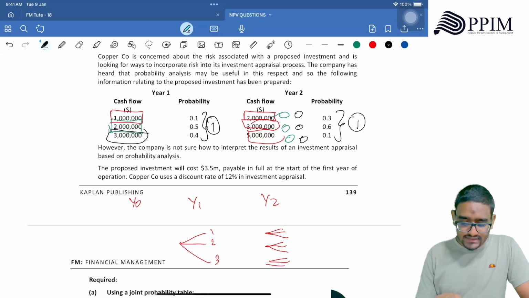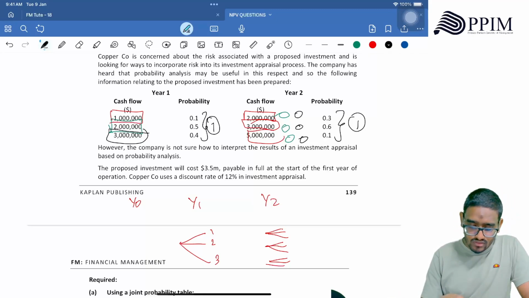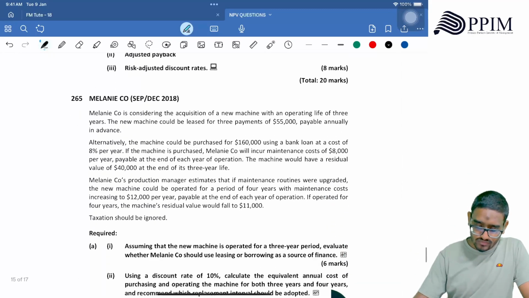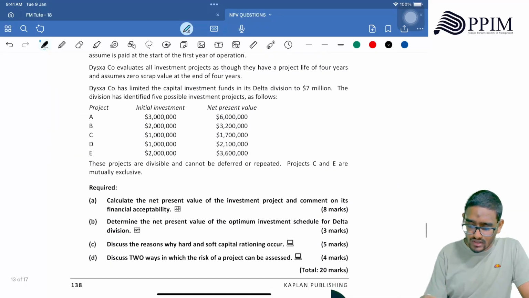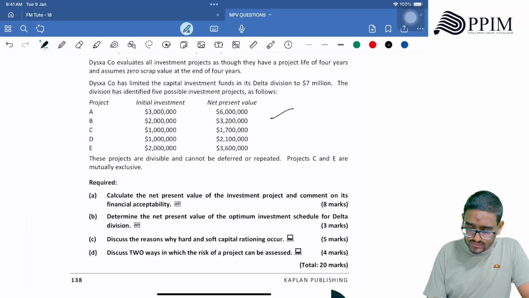What they are saying is, let's say, for example, year 1 they had only given you 1 cash flow, and year 2 they had given you only 1 cash flow. No problem, straightforward, you can calculate it. Now they have given you, let's say, 2. Then when you draw a tree diagram for 2 years, or for 2 options, you will have A here, you will have B here.